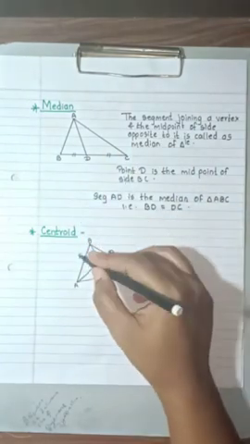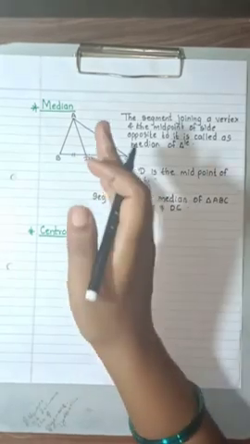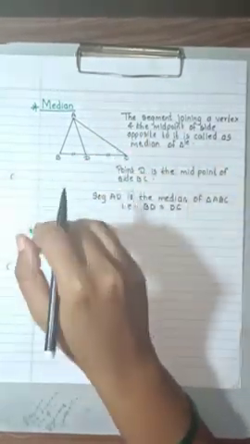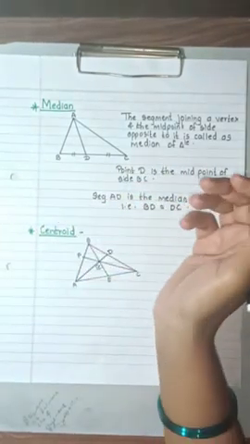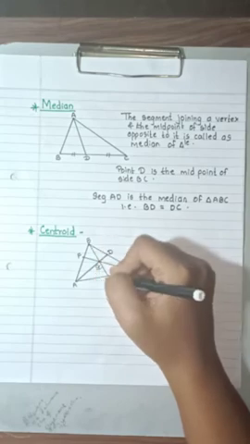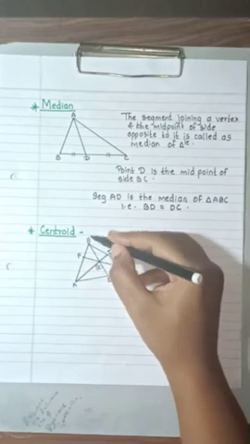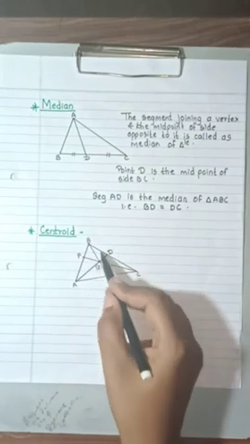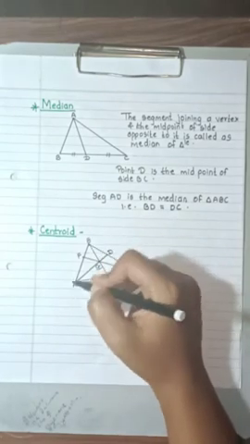You can see 1, 2 and 3, three medians meet at a point G. A median of a triangle is a line segment from one vertex to the midpoint on the opposite side of the triangle. To vertex B, the side opposite is AC. To vertex A, the side opposite is BC. To vertex C, the side opposite is AB.